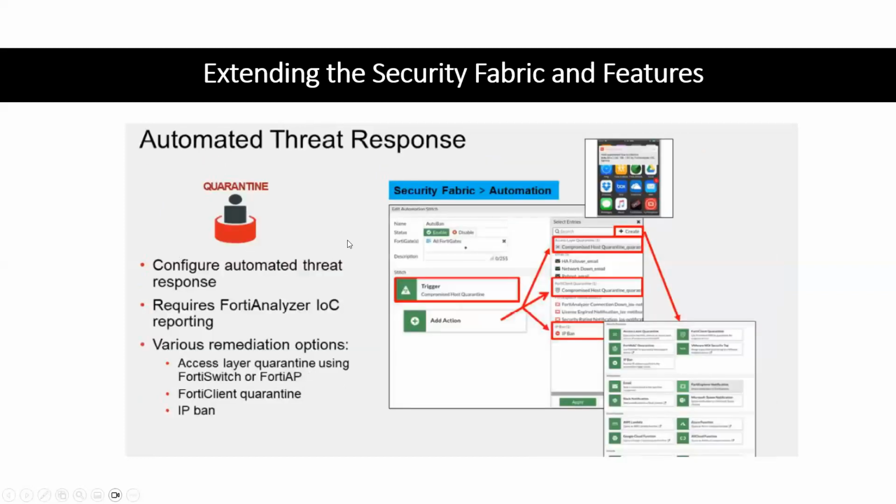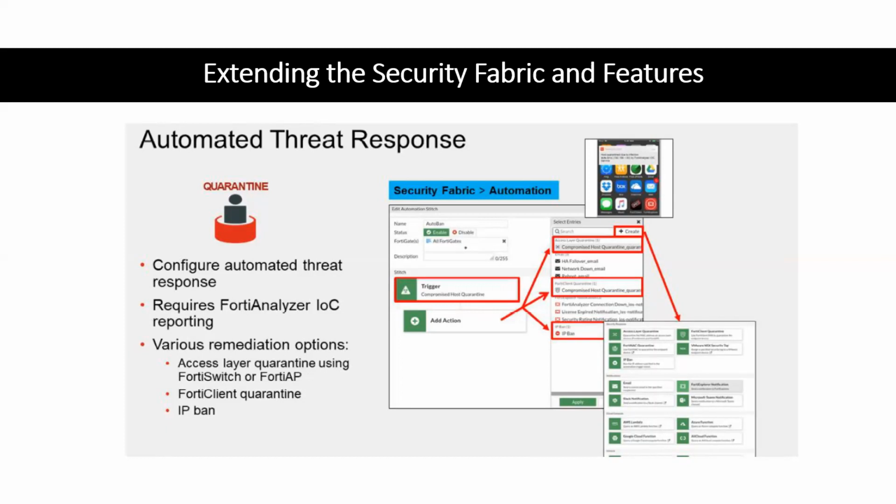Now, with automation, you have the ability to go into the automation section of the security fabric and set up an automated threat response. What you can do is configure what am I going to do if my security fabric detects a compromised host.